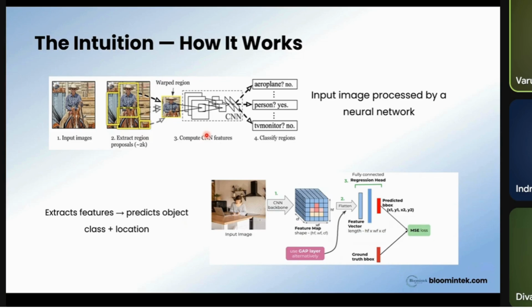And then by analyzing all these attributes, it predicts two things: first, what object each region might be in, and where it is located. So the final output is a set of bounding boxes with labels like car, dog, or person. Think of it as giving computers the ability to describe a scene visually, not just numerically. So it predicts the object class as well as the location of that object.